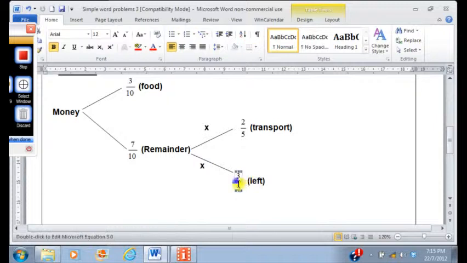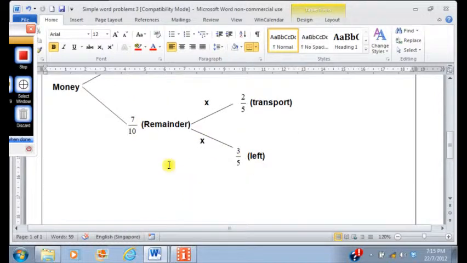The fraction that is left is 3/5, and 7 over 10 and 3 over 5 can be matched together simply by multiplying.